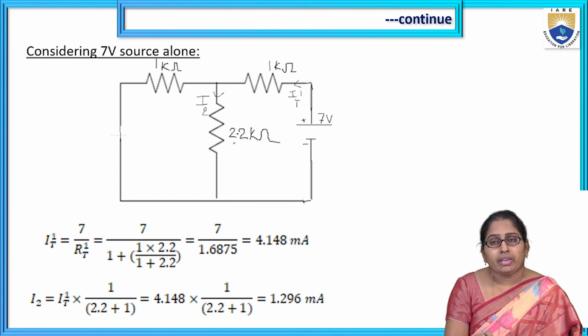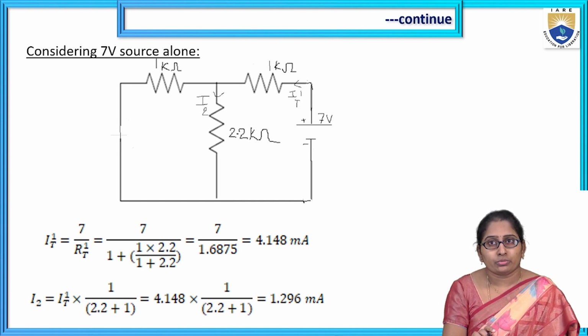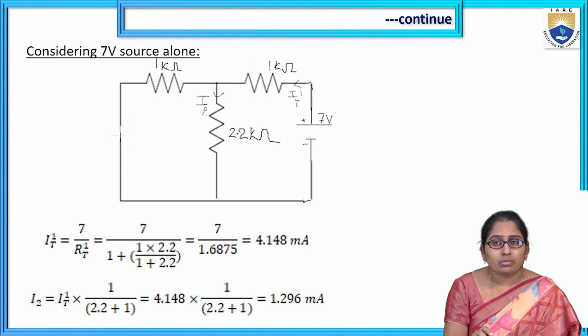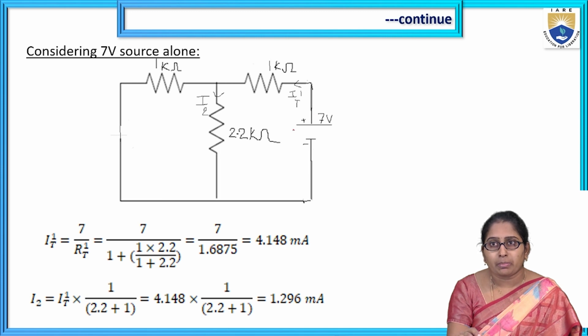Again we require basic circuit analysis to analyze the circuit to find the current I2. We may use mesh analysis or nodal analysis, but I'm going with the previous approach: I find the total current coming from the supply.